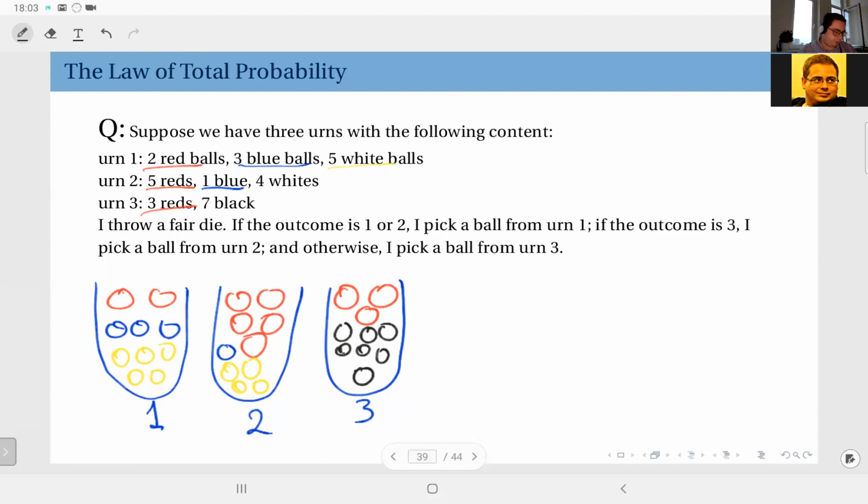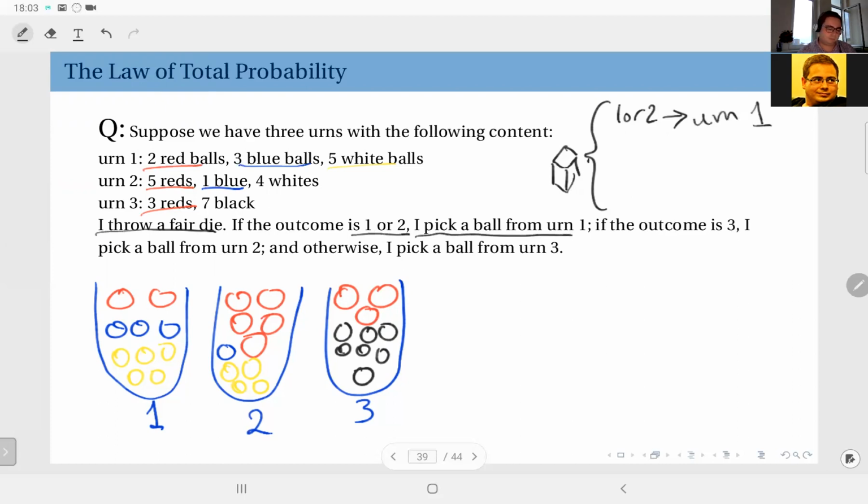Now the question is, I throw a fair die, 1 through 6. If the outcome is 1 or 2, then I pick a ball from urn number 1.